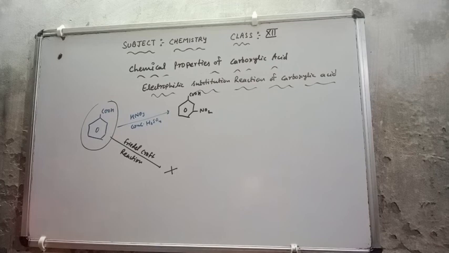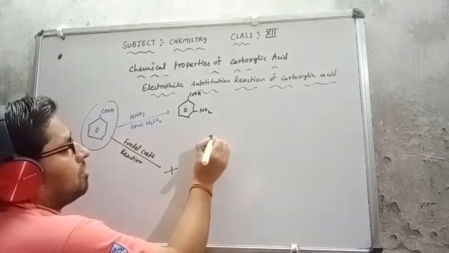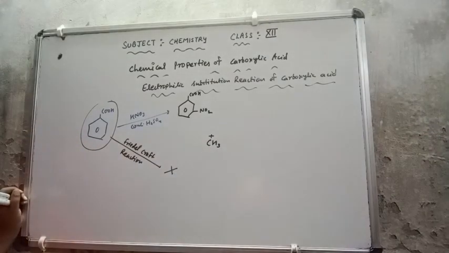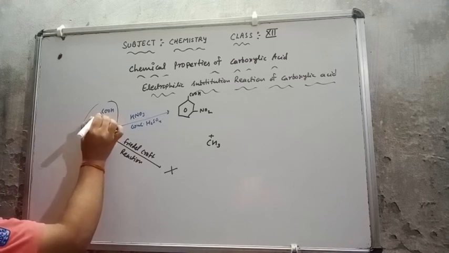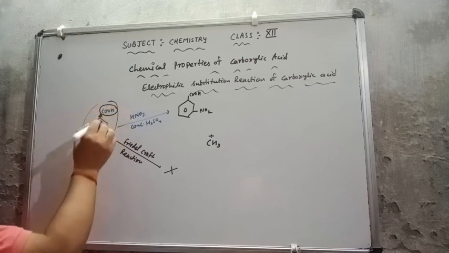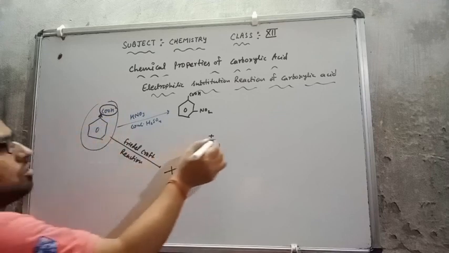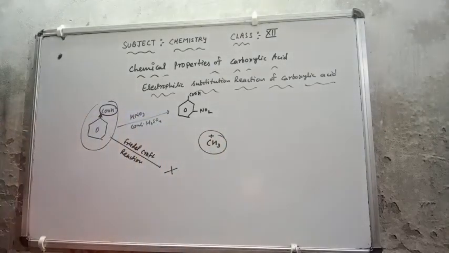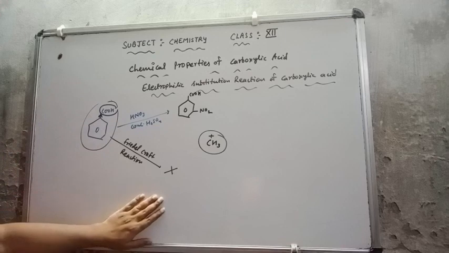Now we know that in a Friedel-Crafts reaction CH3+ is going to form. The carboxyl group is an electron withdrawing group. So it will take the electrons and deactivate the benzene ring. So this CH3+ electrophile is available, but the carboxyl group is not an ortho or para directing group, and the product we are not getting.